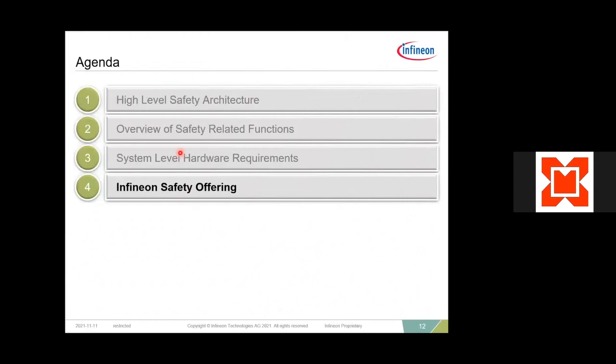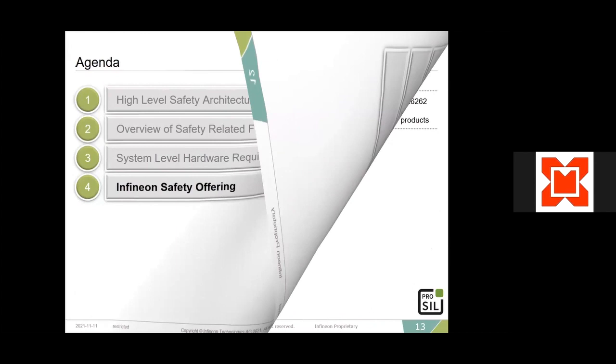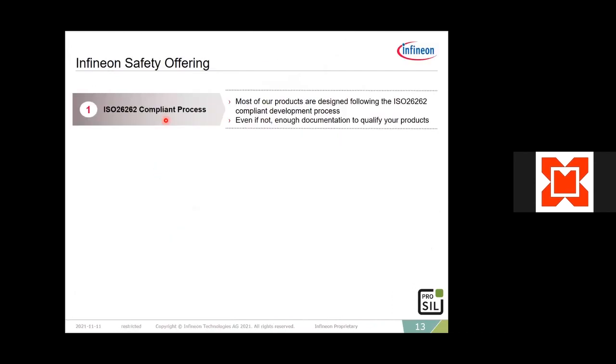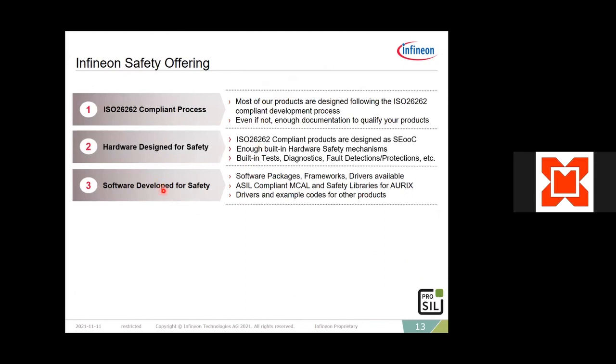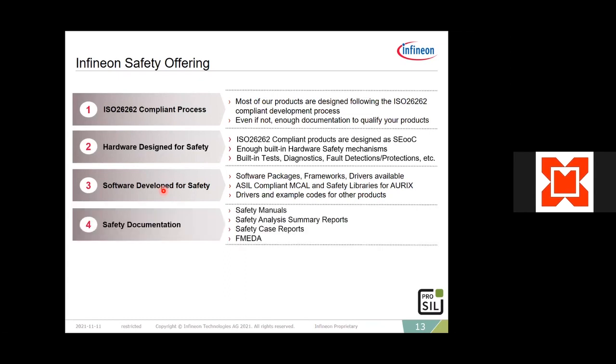Coming to Infineon safety offering, all the development is compliant with the ISO 26262 safety process, and the hardware is designed for safety, with all the safety mechanisms I have already explained. The MCAL and safety library are developed as per ISO 26262 in Infineon. For implementing the safety application, we provide safety manuals, FMEDA reports, FMEDA documentation, safety case reports, and also safety analysis summary reports.